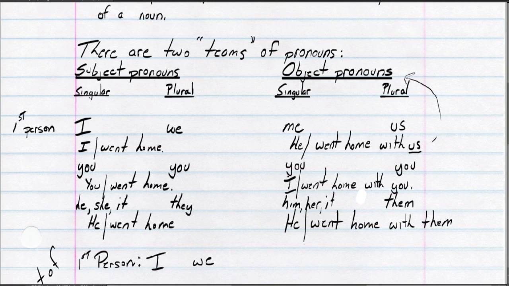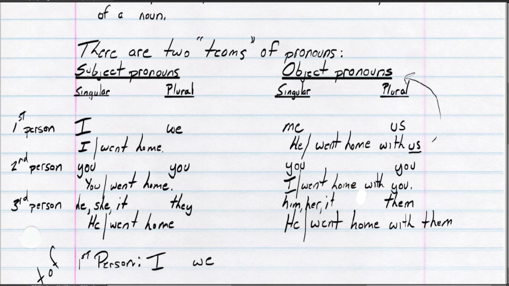Next to you, and you, put second person. And finally, next to he, she, it, and they, him, her, it, and them, put third person.